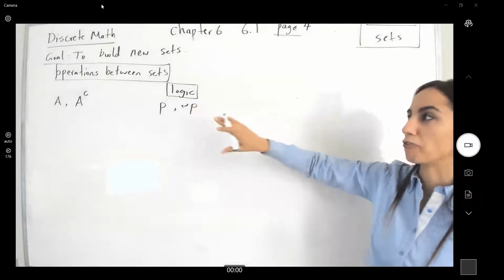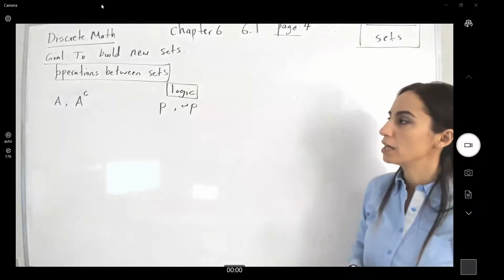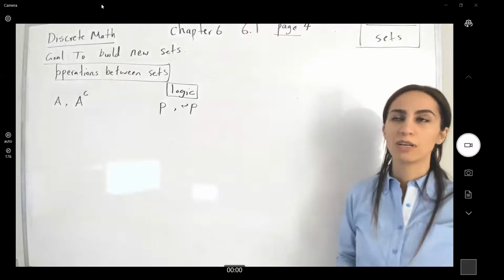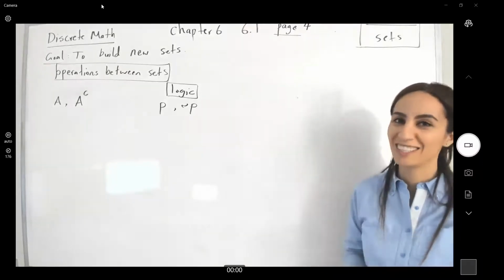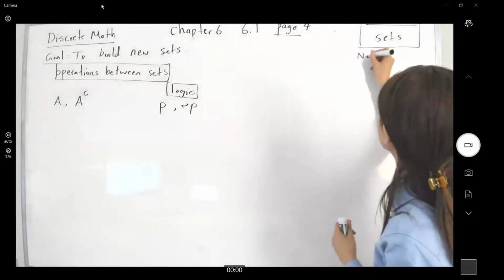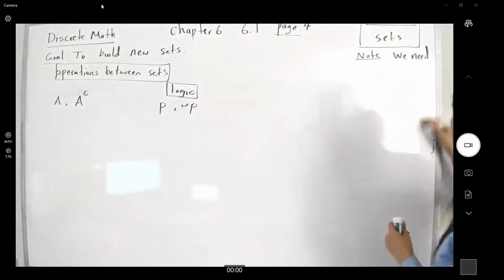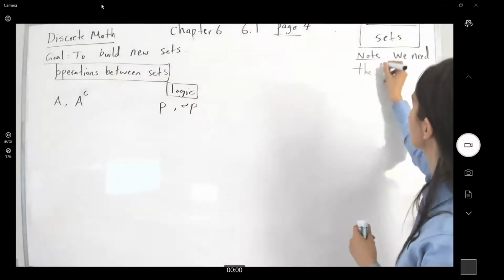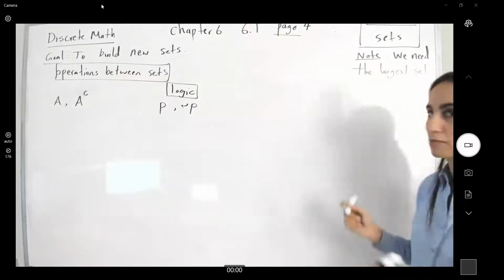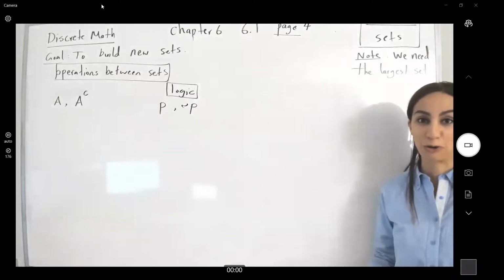Before writing down the official definition of the complement of a set, we're going to talk about the largest set possible that we call the universal set. Note that we need the largest set. That set includes everything that we know and we don't know.